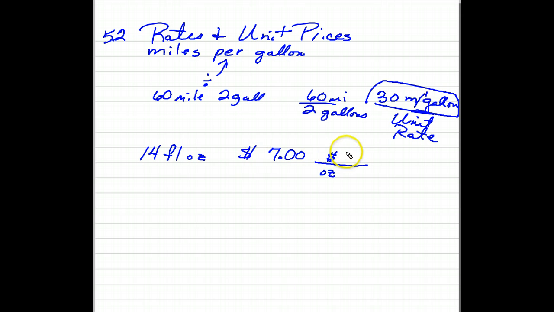So you would do the cost divided by the fluid ounces. 7 divided by 14 is 0.5. So that would be 50 cents for every ounce. This is your unit rate. So if it's a unit rate that has a cost, make sure you put the cost on top.